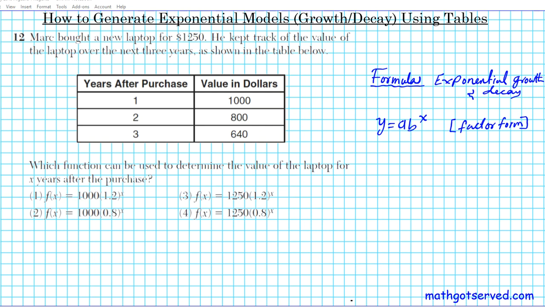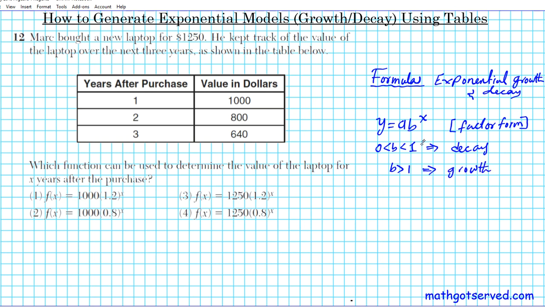So which is which? If b were between 0 and 1, so if 0 is less than b and less than 1, in that case, we're going to have a decay model. And then if b were greater than 1, in that case, we're going to have a growth model.